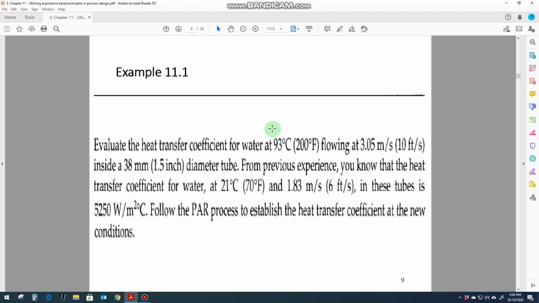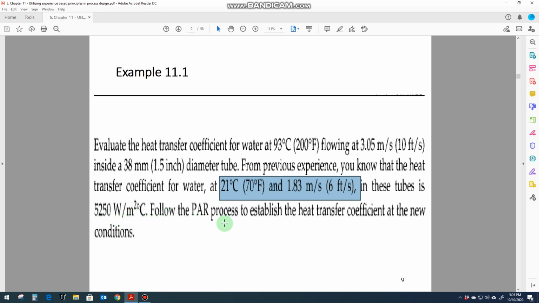Okay, now these are the new conditions: 3.05 meter per second and 93 degrees centigrade, at which we have to calculate the heat transfer coefficient. And the data we have earlier is at 21 degree centigrade and 1.83 meter per second, where the heat transfer coefficient is 5250 watt per meter square centigrade.